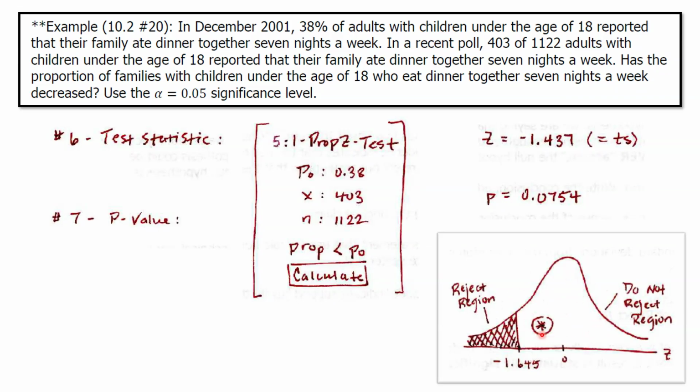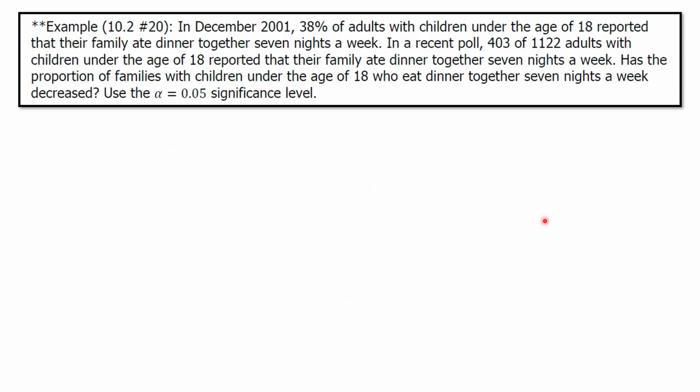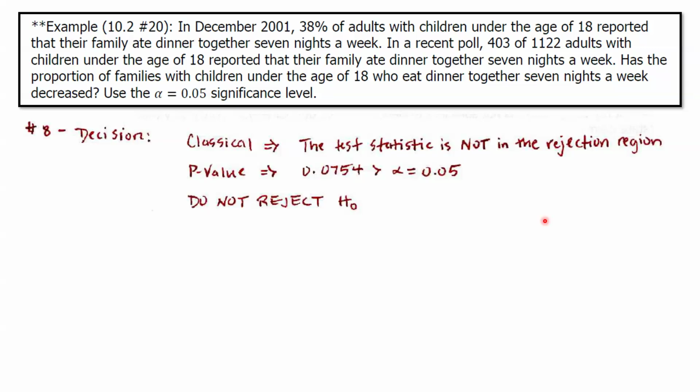Negative 1.437 is actually greater than negative 1.645, so it lands in the do not reject region. Okay. So that means we are not rejecting the null hypothesis. But we can also use our p-value to determine if we are rejecting the null or not as well. And that takes us to step number 8, which is our decision. So with the classical approach, we use our test statistic, and our test statistic is not in the rejection region.